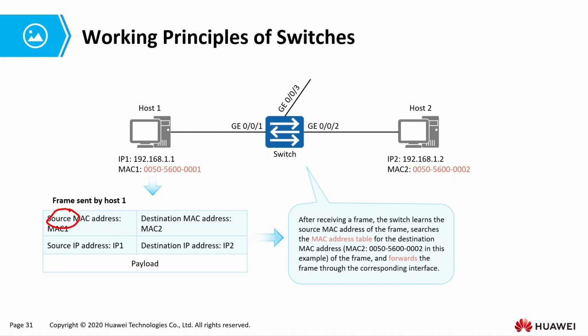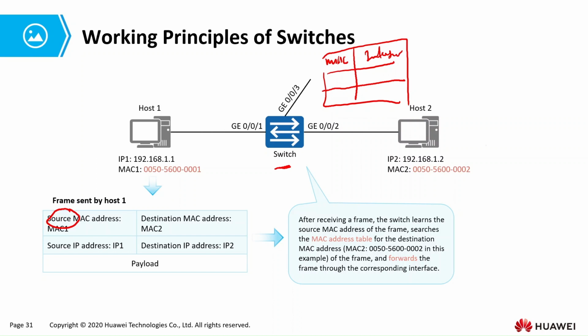So here, when the switch first goes in, for example, I just plug it in. I don't have any entries in my MAC address table. Normally my MAC address table keeps the MAC address and also the interface. So when I just plug in, I don't have any entry here.